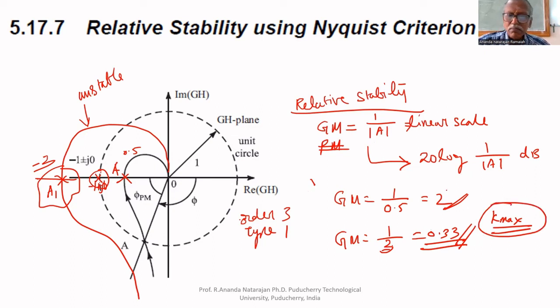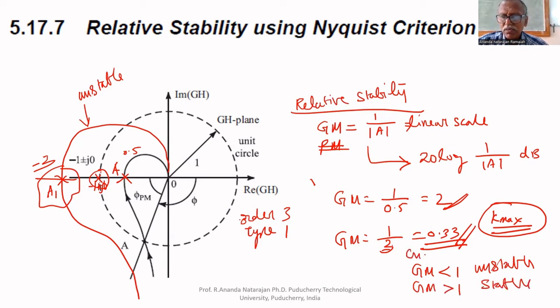That is the meaning. If gain margin is less than 1 in linear scale, unstable. If gain margin is greater than 1, stable system. If gain margin equals 1, marginally stable. These are all in linear scale.